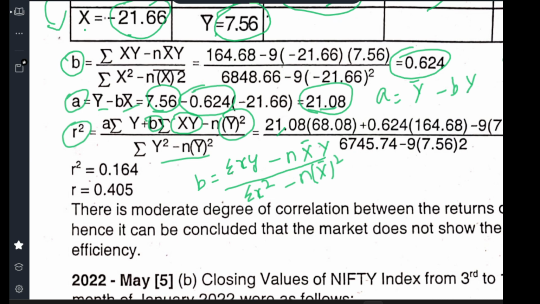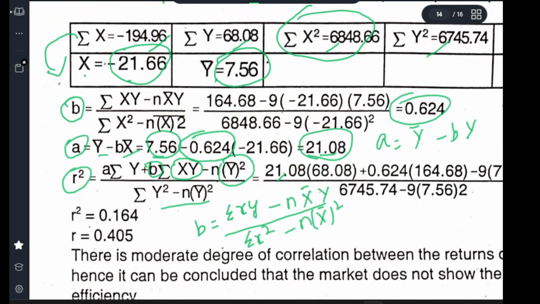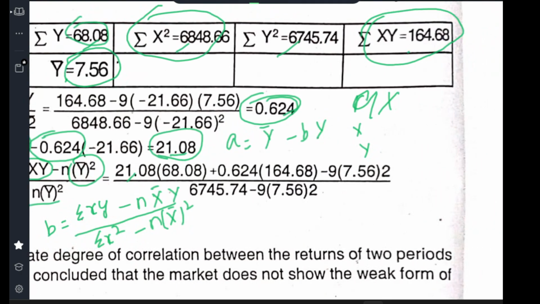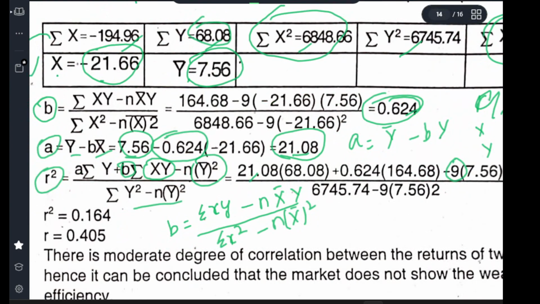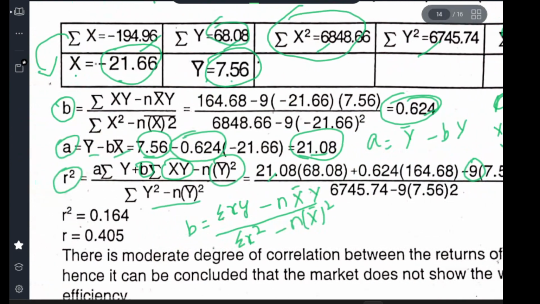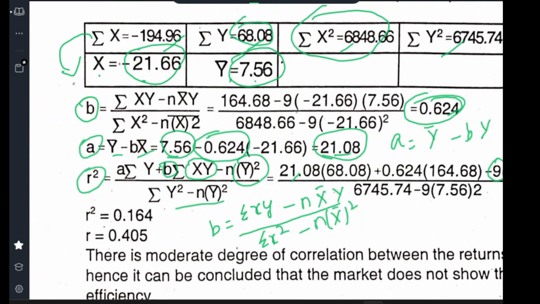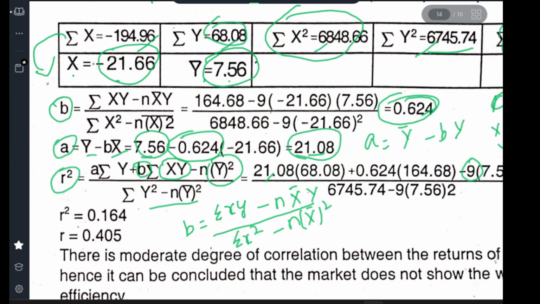That is 21 into 68, then 0.64 into 164, XY minus 9 into number of units into 7.56 the whole square, divided by Y square 746 minus 9 into 7.56 the whole square.